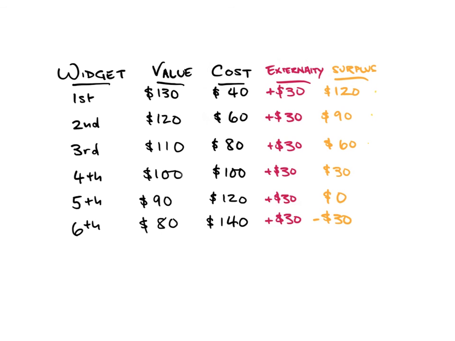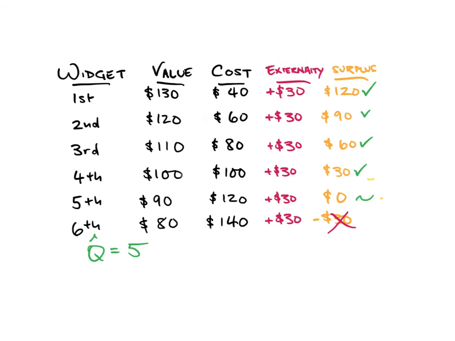If the social planner were to approach this and think about what will be best for society, well, four widgets would get produced by the market anyhow, but the fifth widget might as well be produced because it brings zero total surplus, but might as well go ahead and produce that.